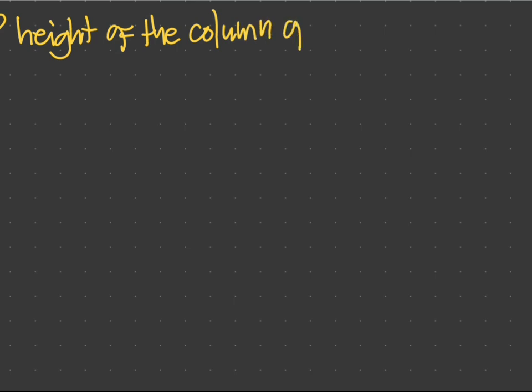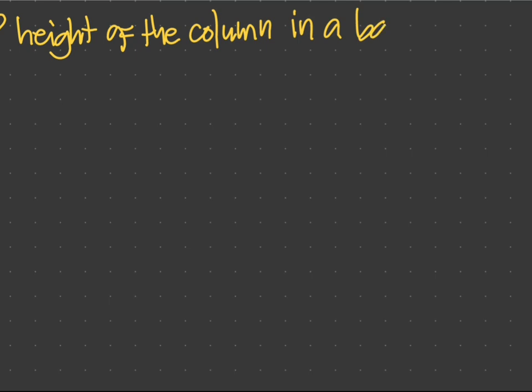Alright, let's go back to the problem. What would be the height of the column in a barometer? We are asked for the height of the column in a barometer.